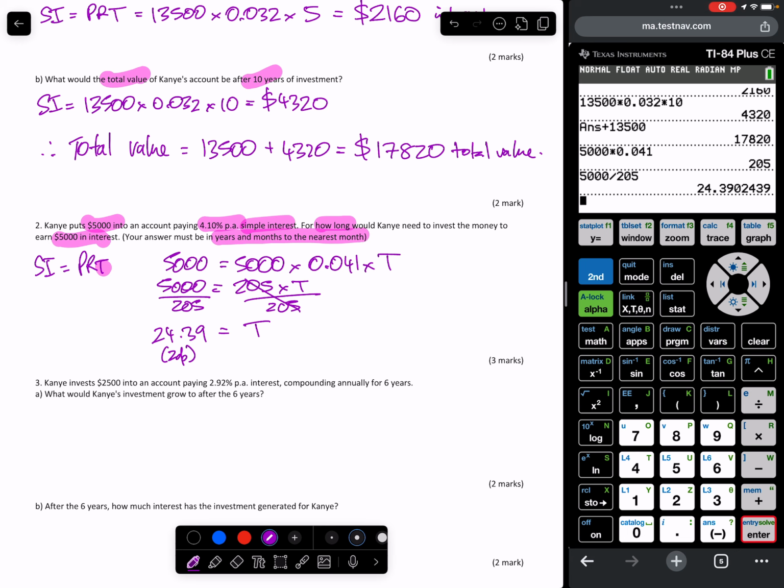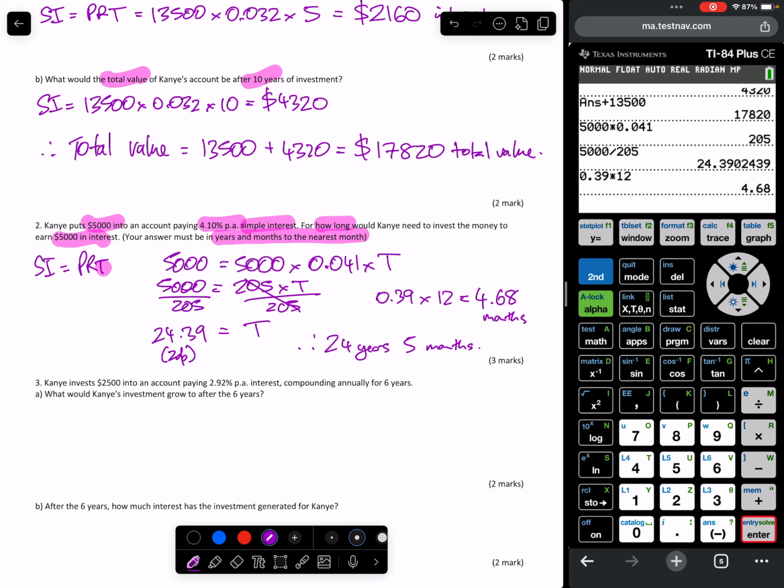But I need to know what 0.39 is in months, because it's a fraction of a year. So 0.39 times 12 months in a year gives me 4.68 months. To the nearest month, that rounds up to 5 months. So therefore, 24 years, 5 months.